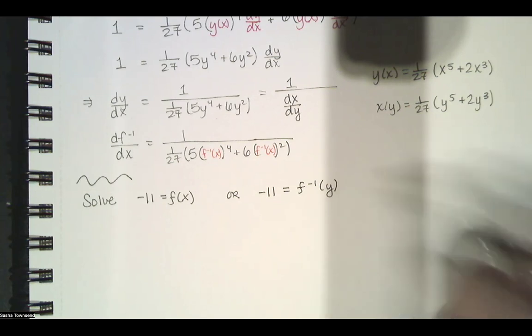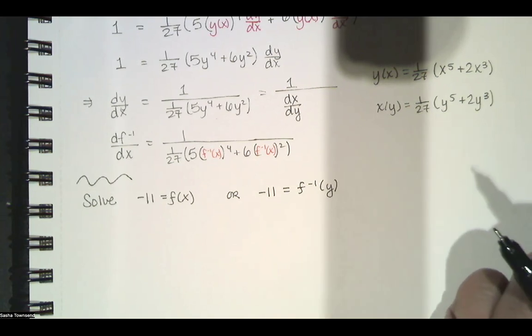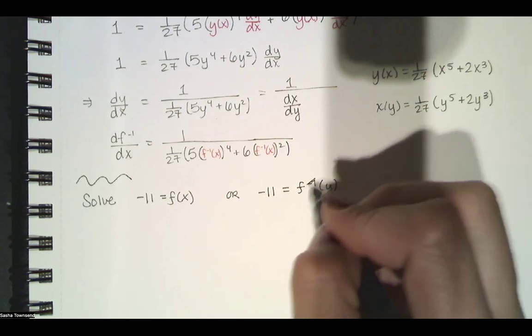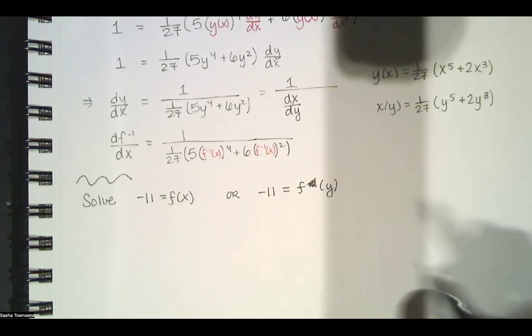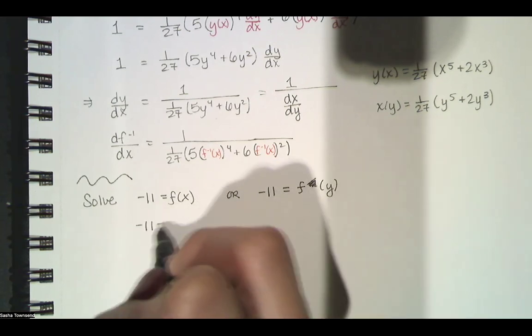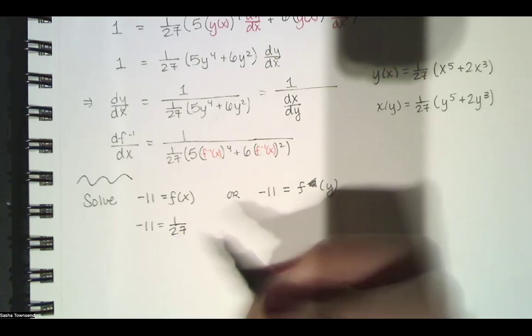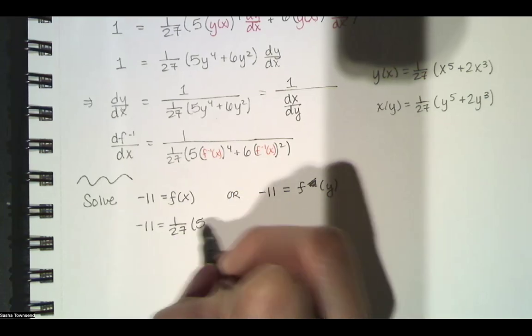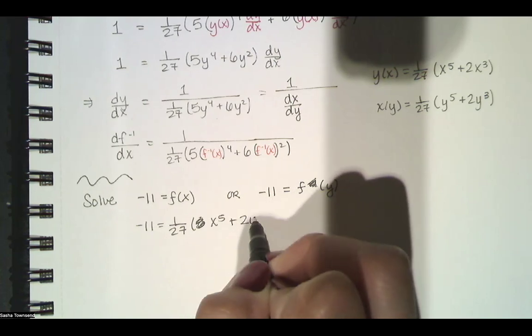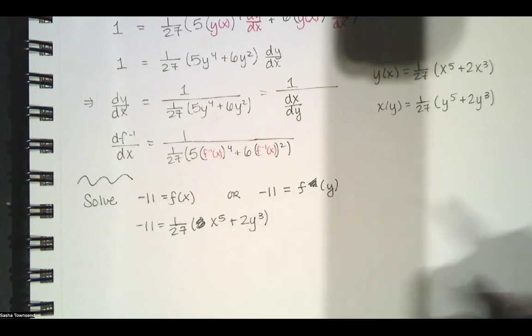Is that right? It's not f inverse of y. It's actually f of y, isn't it? So we have negative 11 equals 1 divided by 27 times x to the 5th plus 2y cubed.